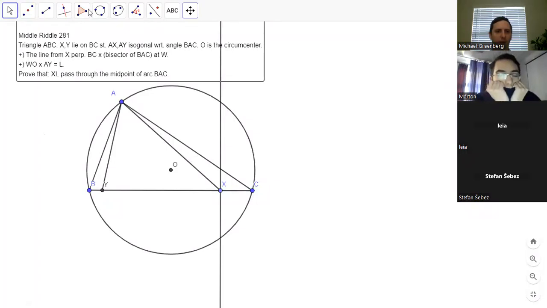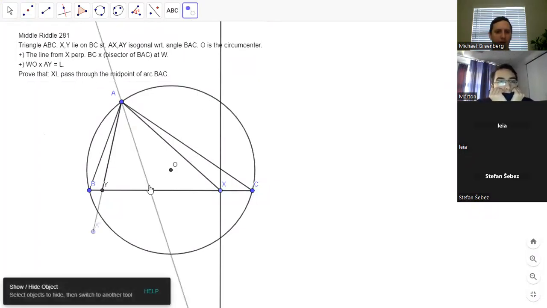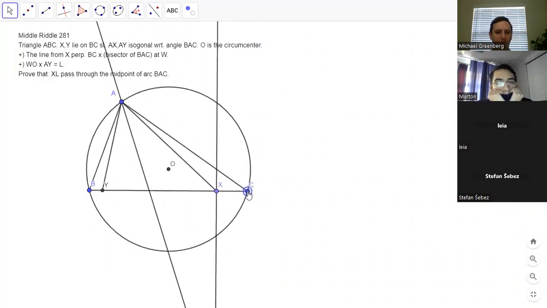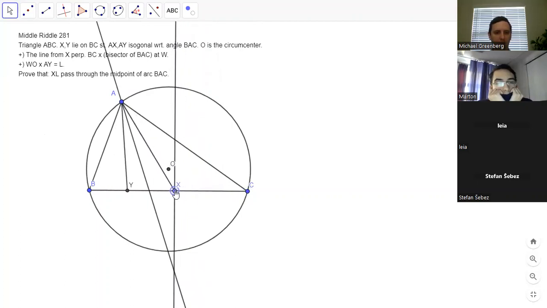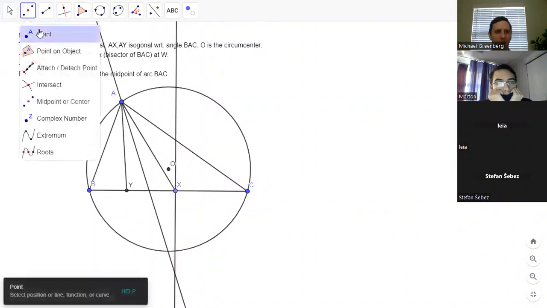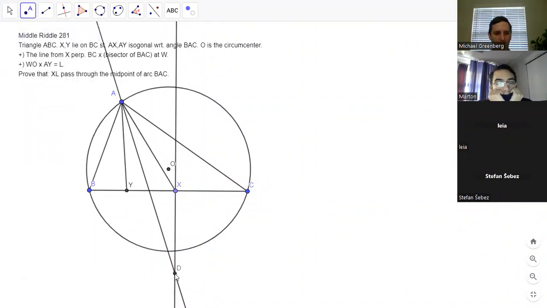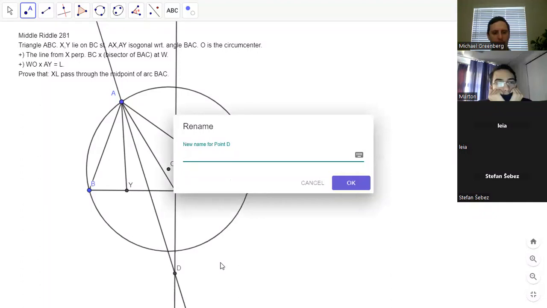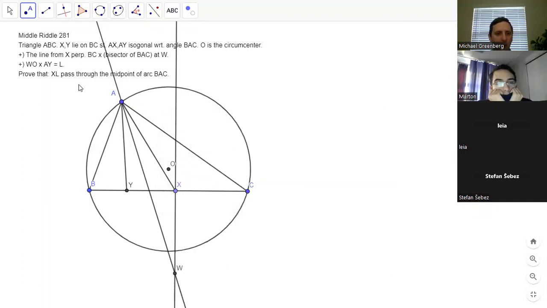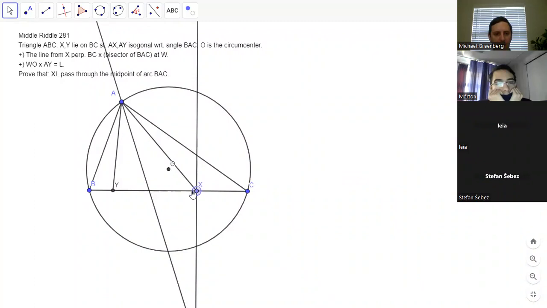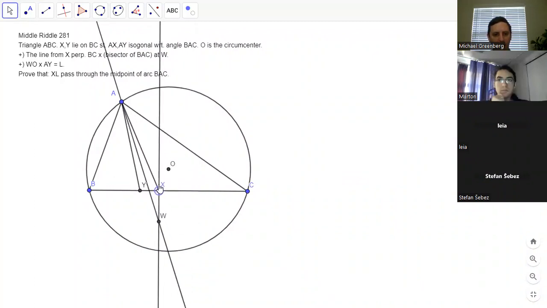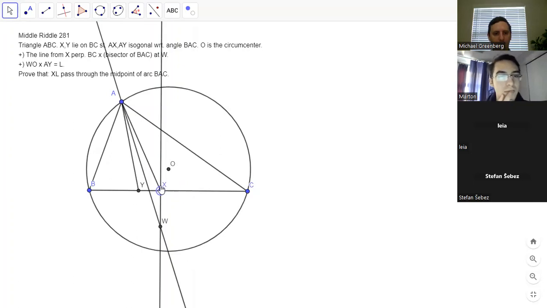Okay, so actually the angle bisector that I hid, we actually want to draw it. If I move X more this way, it might be a little easier. So this is W. And WO intersects AY at L. So this is kind of a weird diagram. What's the best way to draw this?